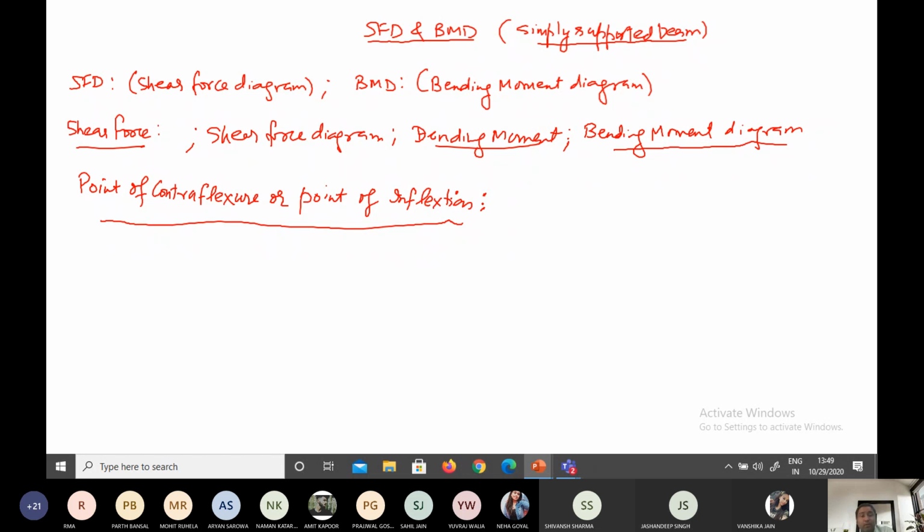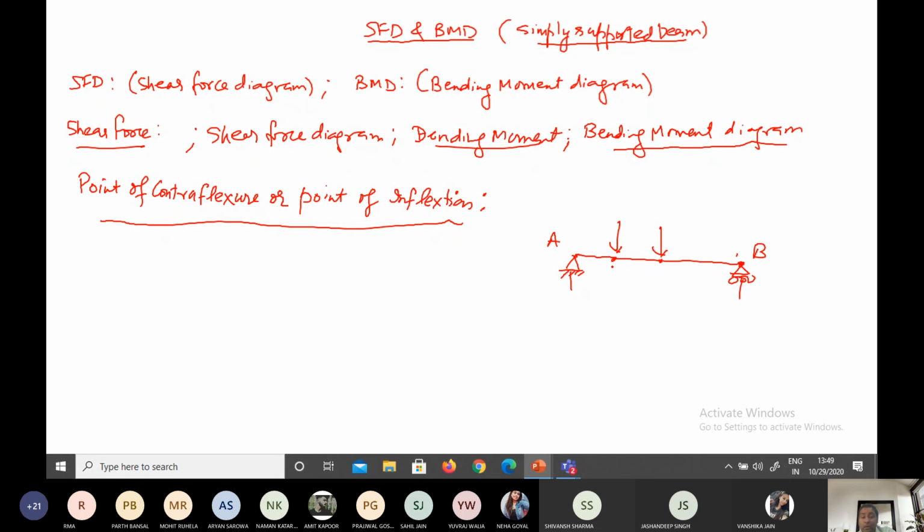So what does point of contraflexure mean? Let us assume this is a simply supported beam, and these two, A and B, are the endpoints. Between these points there is a UDL and a point load.